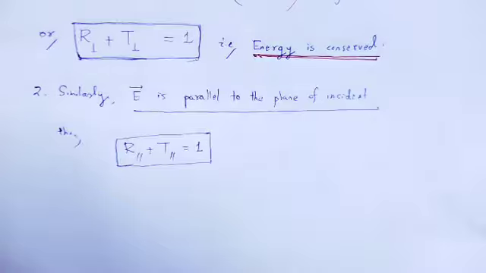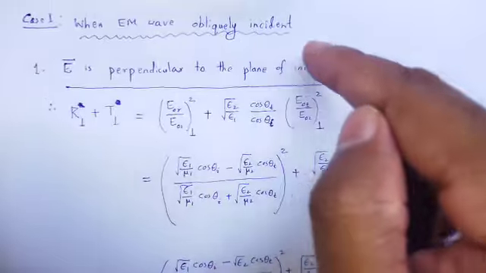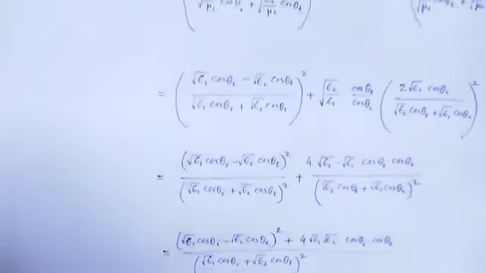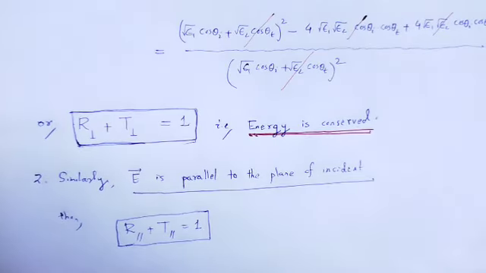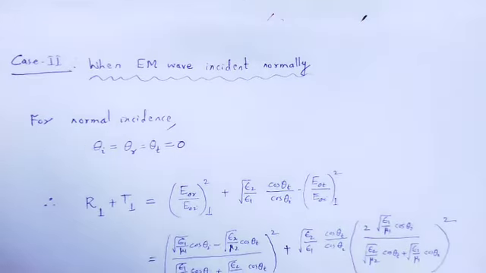The discussion so far was for obliquely incident electromagnetic waves. Another situation is normal incidence, when the electromagnetic wave is incident normally.